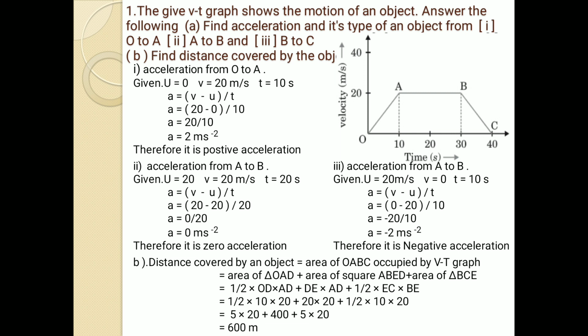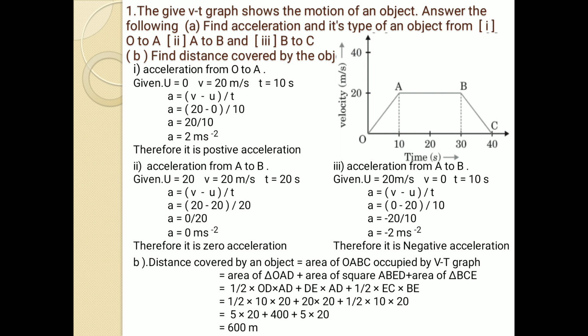We know the area of a triangle formula, half into base into height. In triangle OAD, what is the base? OD is the base and AD is the height. So half into OD into AD. That's about the triangle.